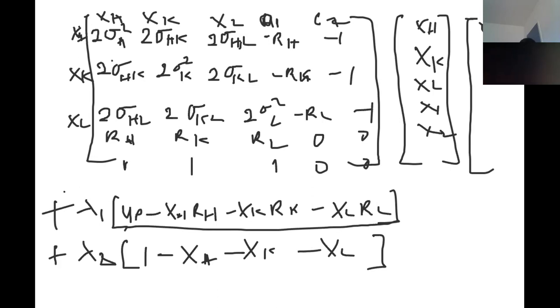So here I'm going to have the mu portfolio. And then here too, when I differentiate with respect to lambda, I'm going to have X_H plus X_K plus X_L equals 1. So after the equal sign, what I have here is not 0, it is 1. Is it okay?